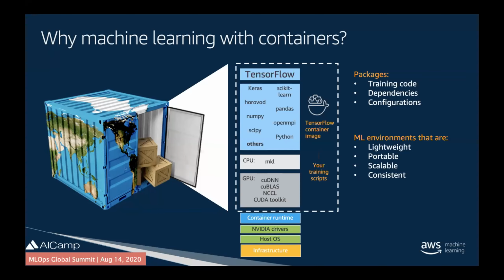Either you're changing your work environment, whether you go from a local laptop to a cloud instance or to an on-premise cluster you might have in your company, or you want to share it with colleagues and they want to reproduce exactly the environment you've been working in. Containers give you exactly that flexibility.